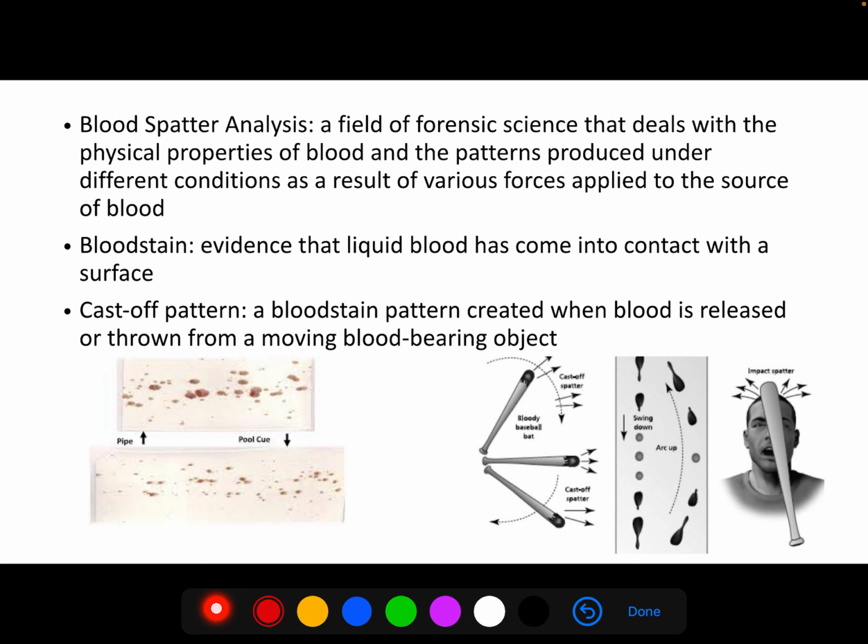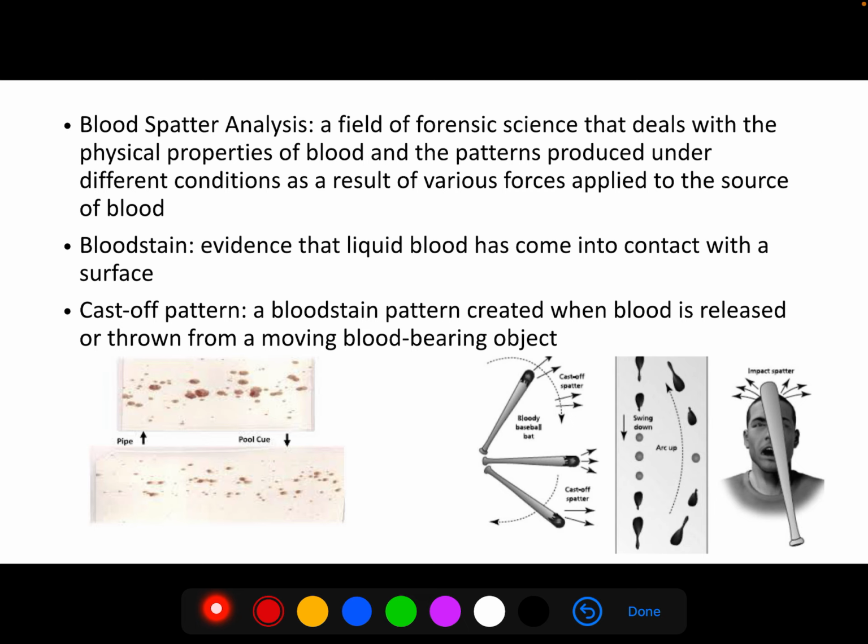This we could also use to possibly determine the type of weapon used. And a lot of times it helps us determine the thickness of the weapon. So there are cast-off patterns shown on the left. The top one is from a lead pipe. The bottom one is from a pool cue or a pool stick.